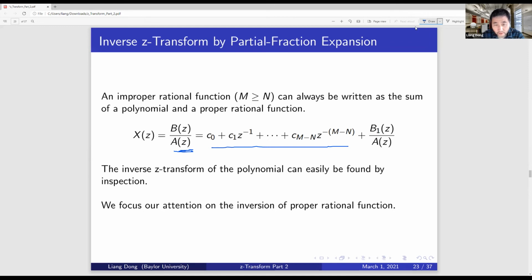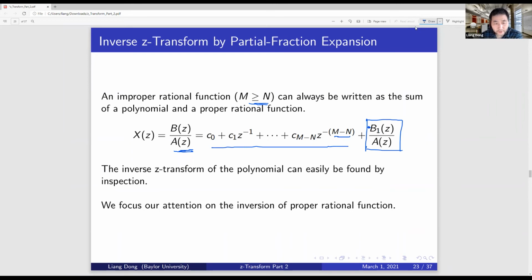When m is greater than or equal to n, you will always have this order. Here, everything is a function of z to the power -1. And then what you leave is a remainder, b prime or b1 here, and then you get a proper rational function that we can play with.